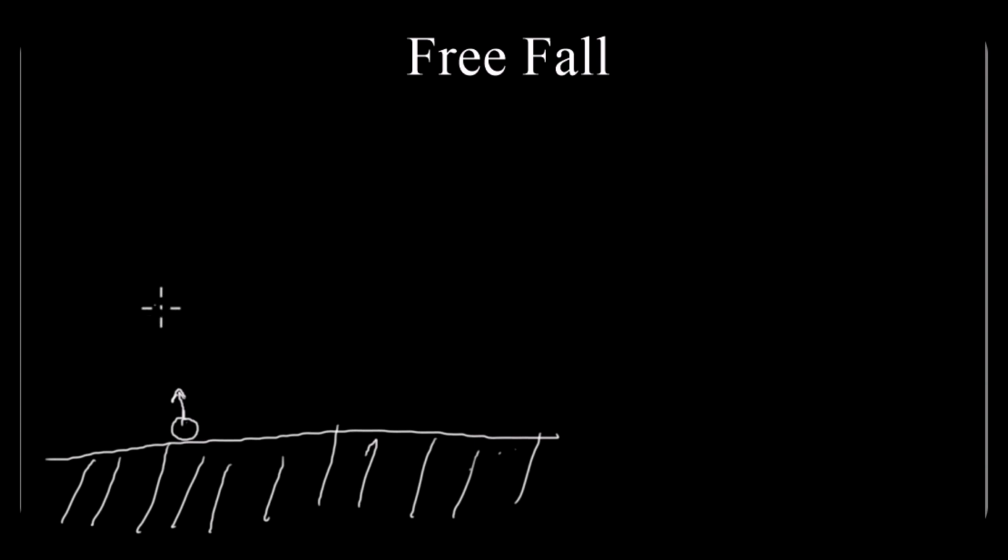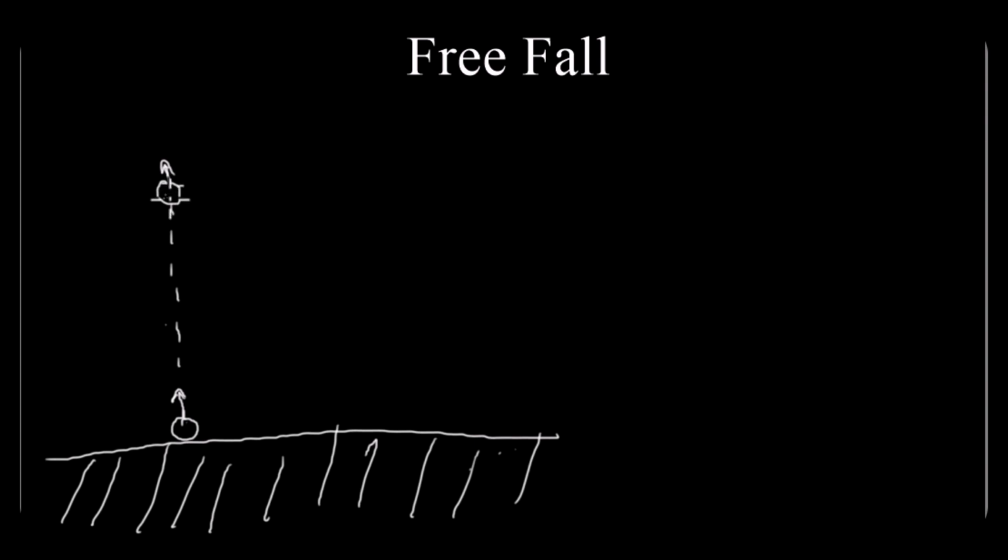Once I throw this ball up, after transferring energy from my hand or from whatever vessel I'm using to propel it upward, I notice that my ball will move in this direction till it gets to its maximum point, let's say around this junction. At this junction, what happens to my ball? You see that it will fall back down.